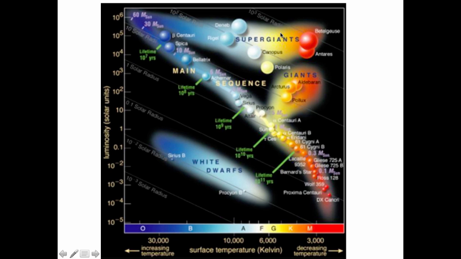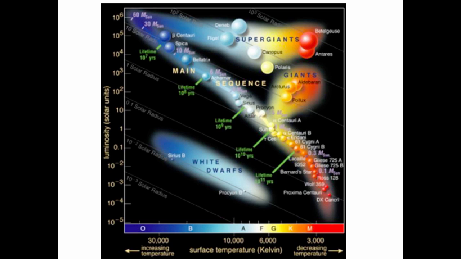So why are the supergiants up so high in the luminosity? Well, even though they're red and they're not very hot, they're really bright because they're so big. And then giants are a little bit dimmer than the supergiants, but brighter than the main sequence because, again, they're bigger.